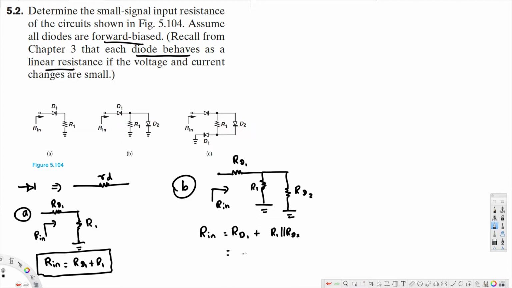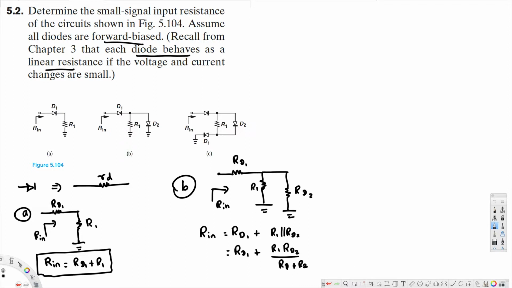When we have parallel, it's just multiplication over sum: RD1 plus R1 times RD2, over R1 plus RD2.